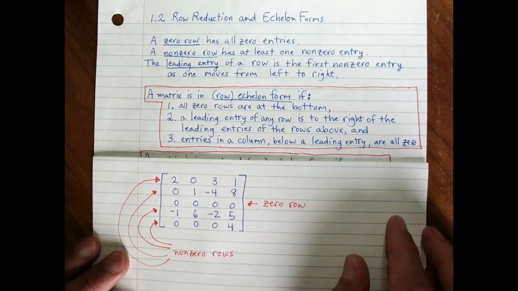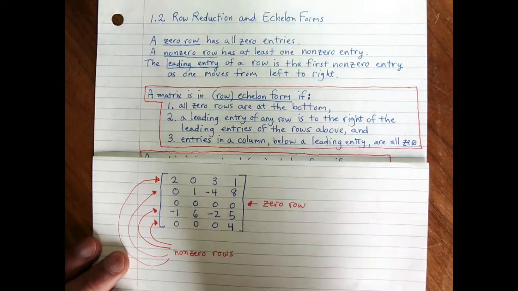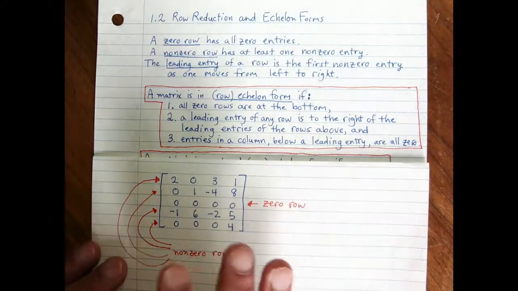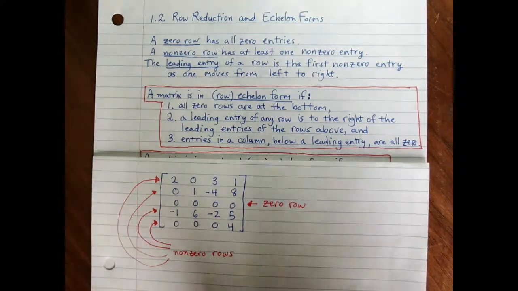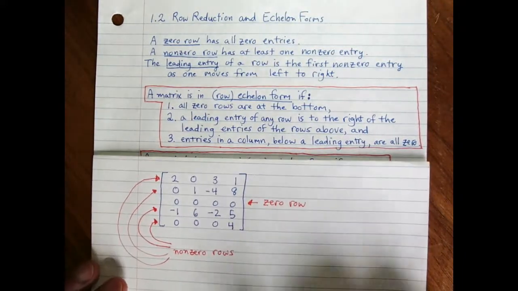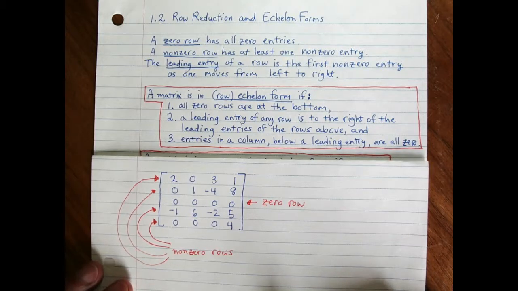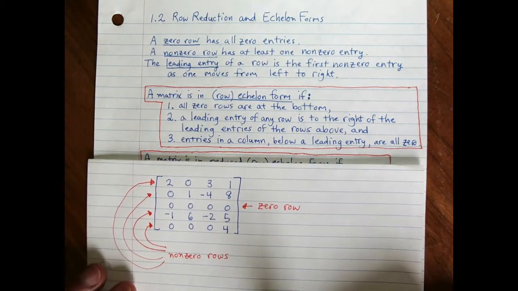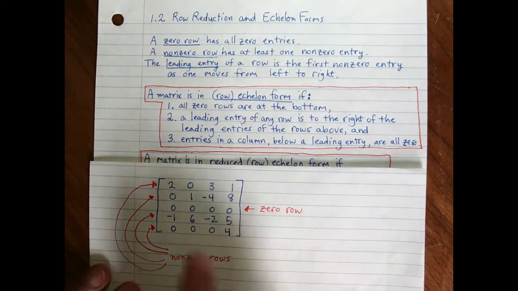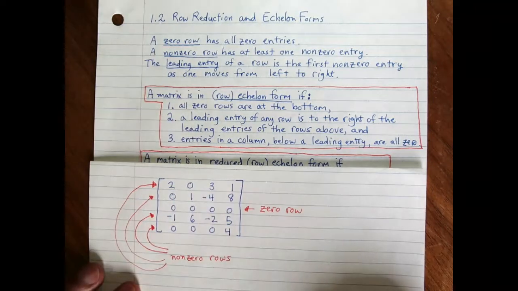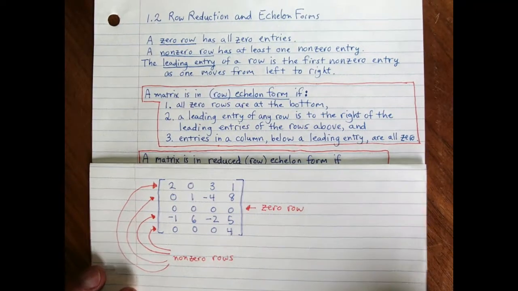And 3, entries in a column below a leading entry are all zero. Now that's quite a mouthful, and it's okay if you wouldn't get what all that meant just from reading those words. We're going to work some examples in class that will bring the 3 parts of this statement to life a little bit.